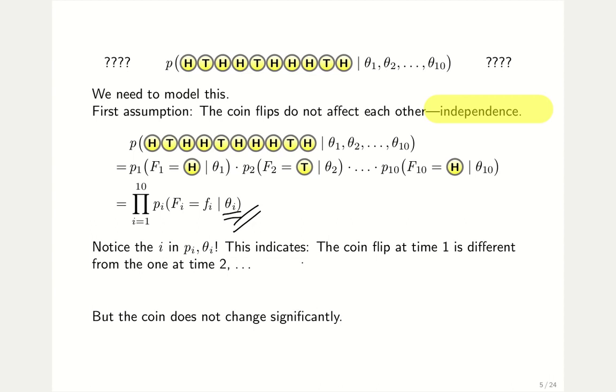So it could be that the theta i is different. But actually, typically these happen under similar circumstances, and the coin and the experimental setup does not change significantly. And this is another assumption we will need to introduce.